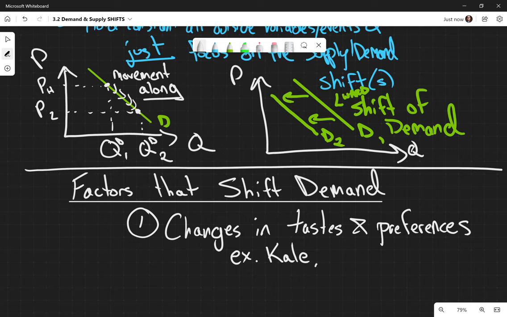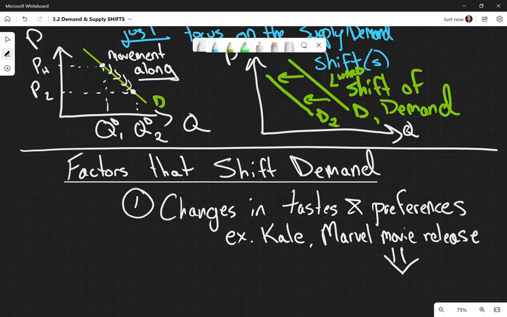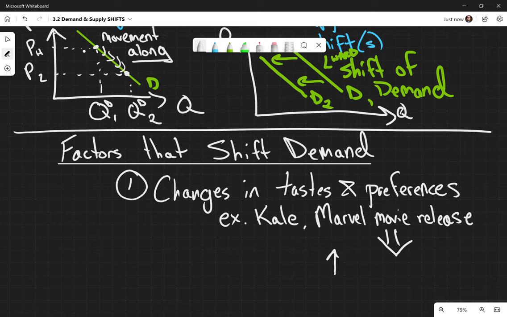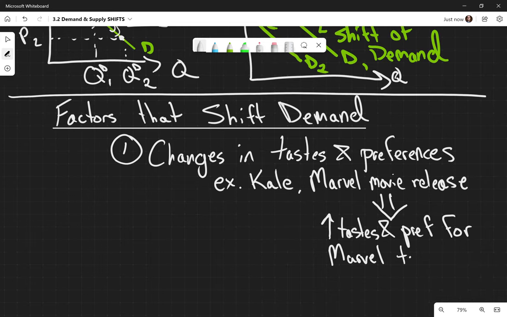A bit more relatable, I'm a big Marvel nerd, right? And so if there's a Marvel movie release, that may in turn increase the tastes and preferences for Marvel toys and goods and t-shirts and stuff like that, right?